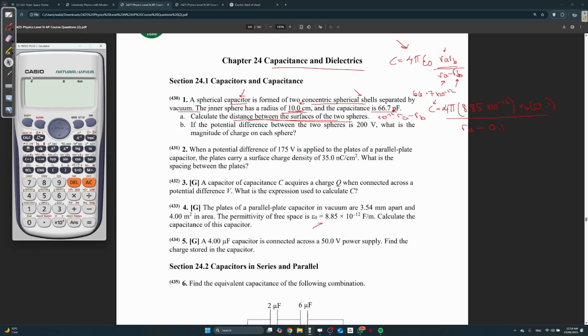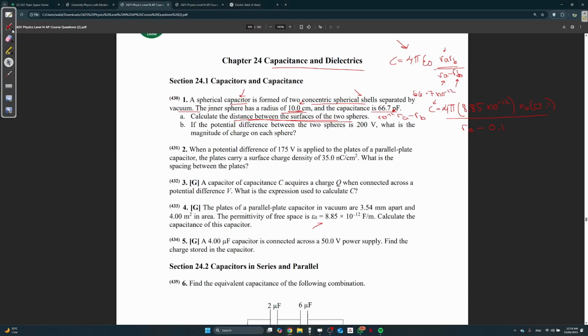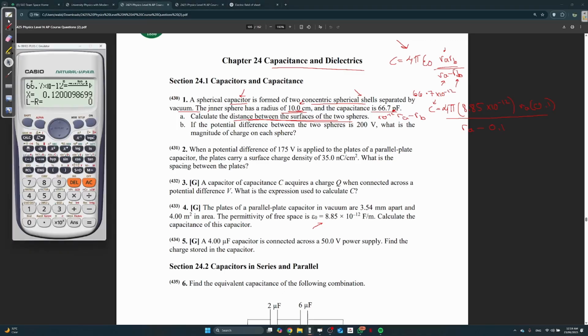You get 0.12. So R_A is 0.12 meters. Now, what is the distance between R_A and R_B? R_B is 0.1 meters. Subtract these two, you get 0.02 meters.